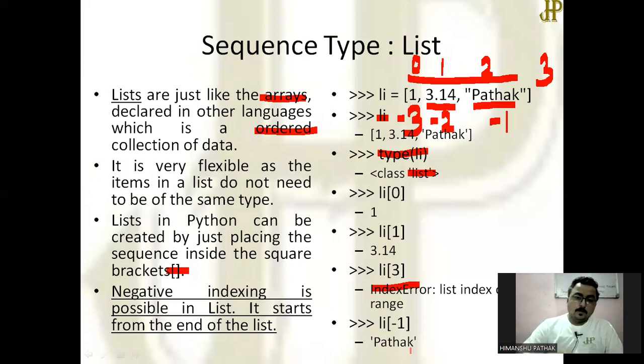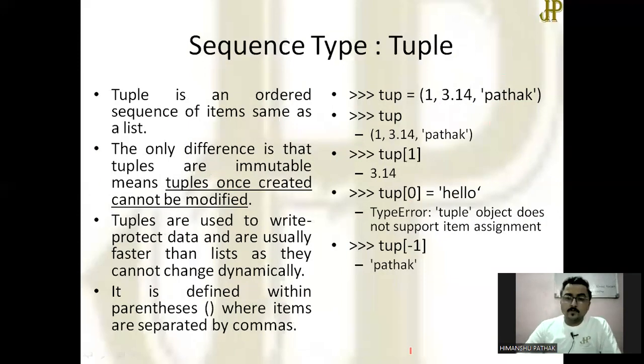Now, moving to the second type of sequence, that is tuple. It is the same as a list, but the representation is different. What is it? In a list, you are using square brackets, but here you are using what? Parentheses.